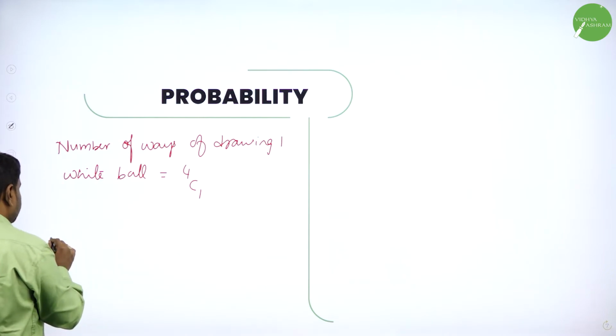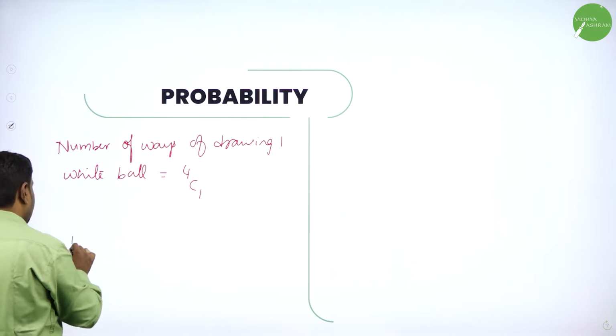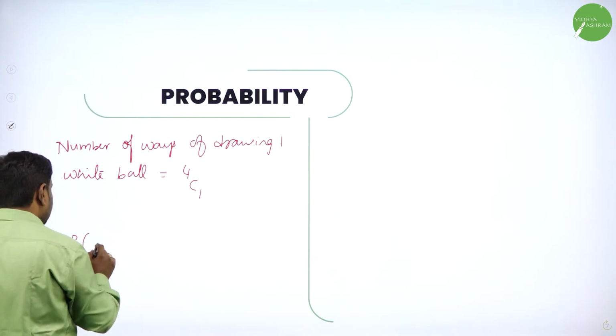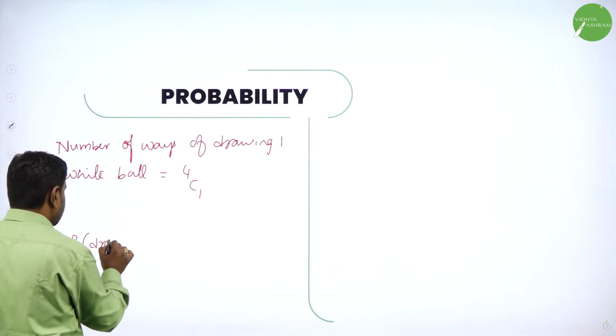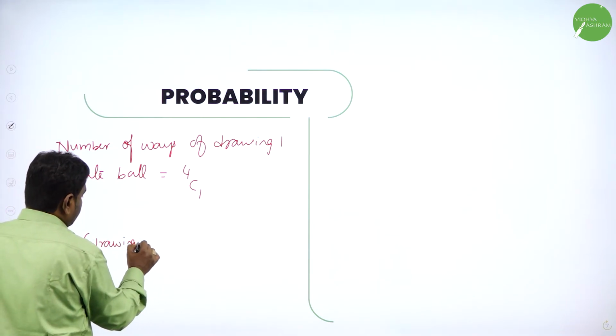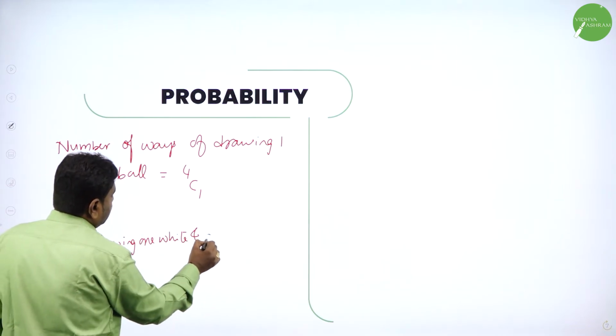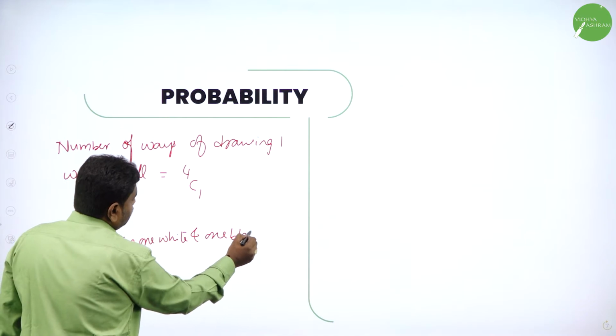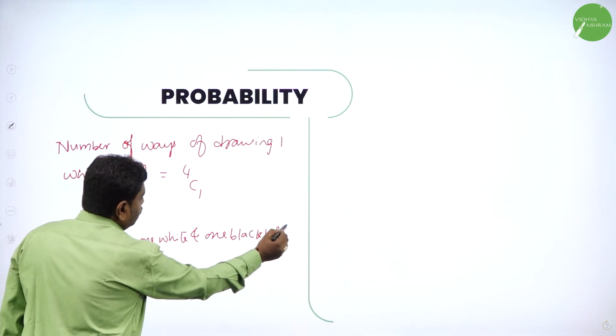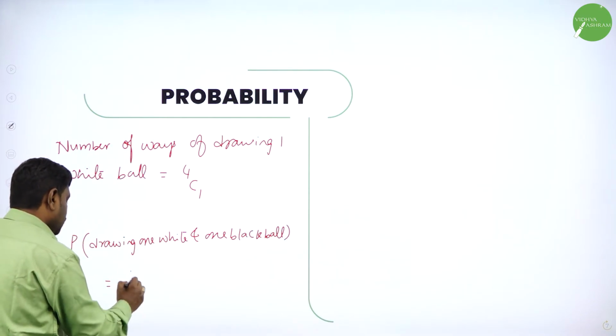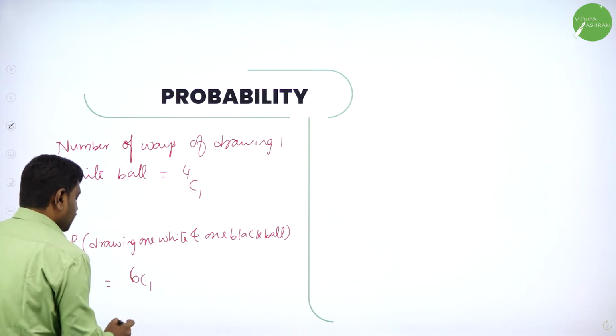So now, therefore, the probability of drawing 1 white and 1 black ball is equal to: out of 6 black balls, 1 can be drawn in 6C1 ways.